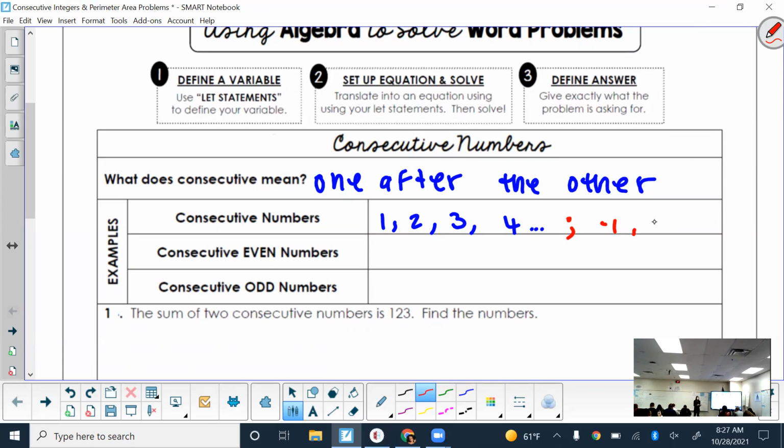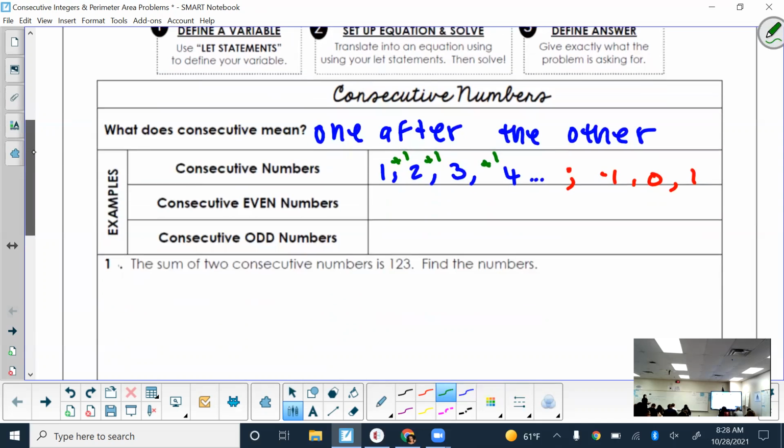Will we go right after -1? No. 0 and 1. All right, good. So basically, how much is it going up by each time? 1. So kind of like our arithmetic sequences, they go up by 1 each time. Well, at least in this one.